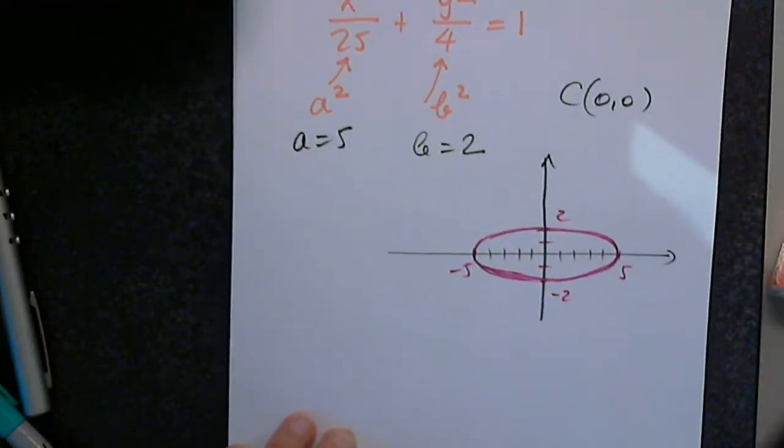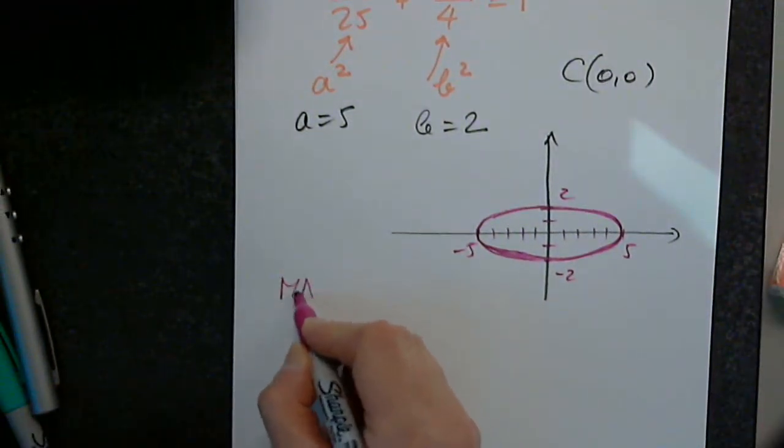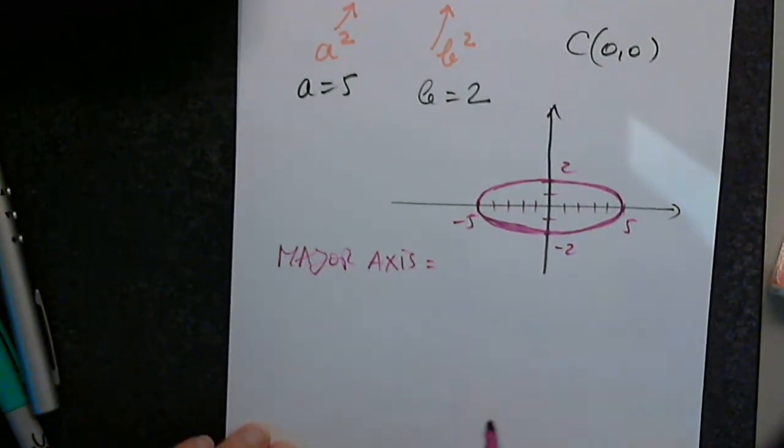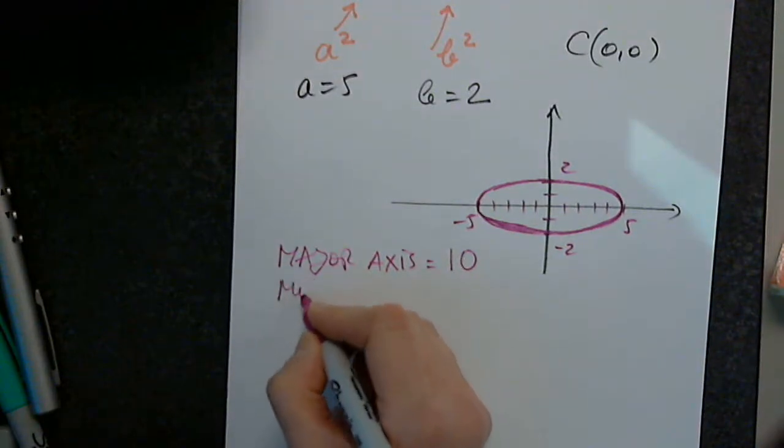How long is the major axis? How long is the minor axis?